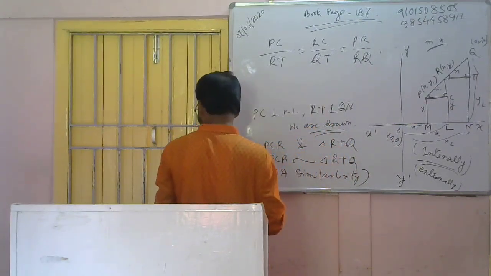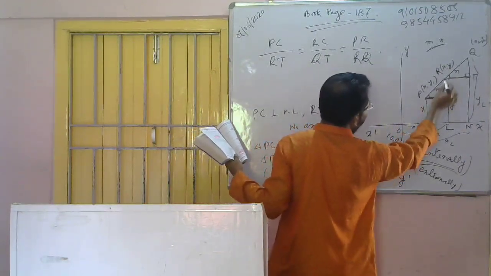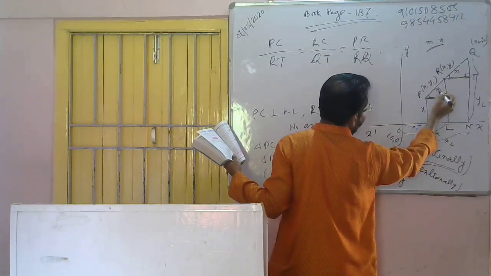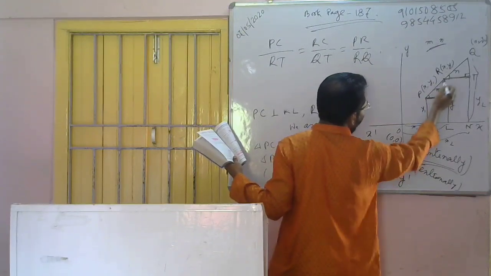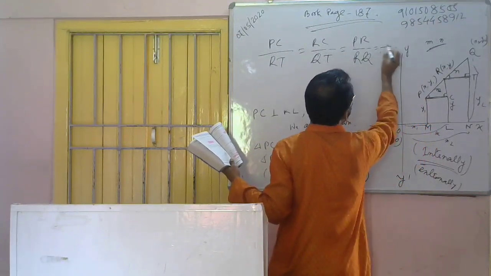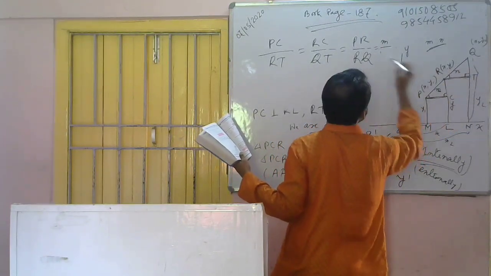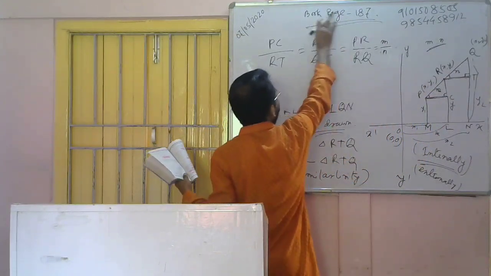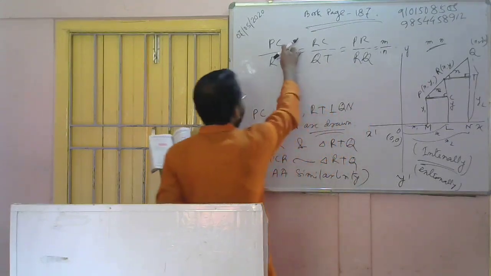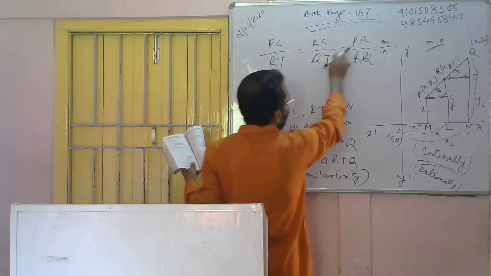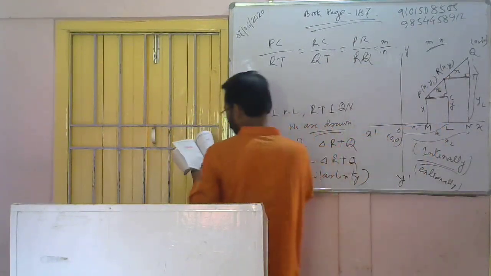Clear? PR we denote as M, and RQ we denote as N. All of this is in your NCERT book, page number 187. So PC by RT, RC by QT, PR by RQ: these three ratios are equal to M by N.